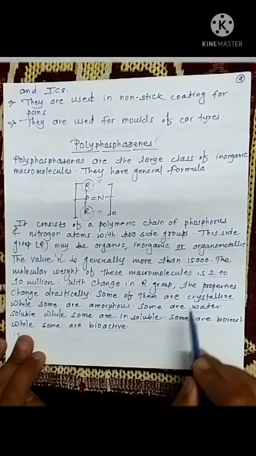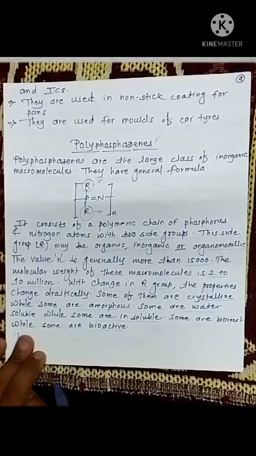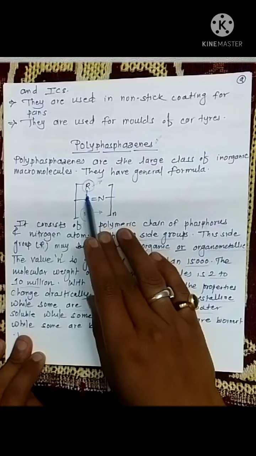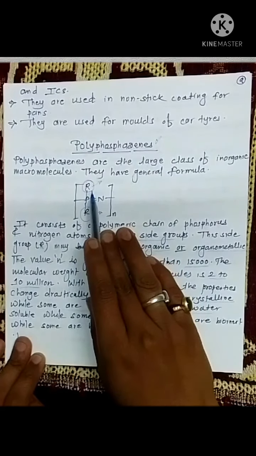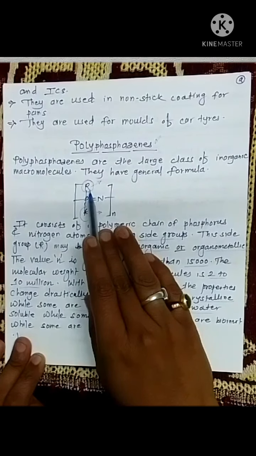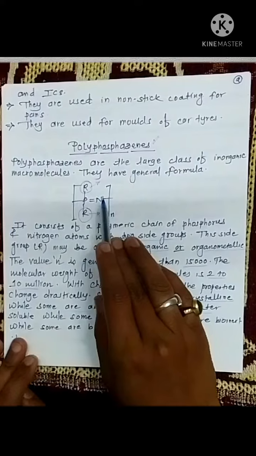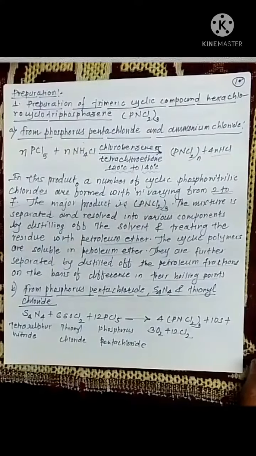Some are bioinert, while some are bioactive. On the basis of which type of R group is present, the property changes occur in the polyphosphazine molecule. Now we are going to see the synthesis of polyphosphazine.